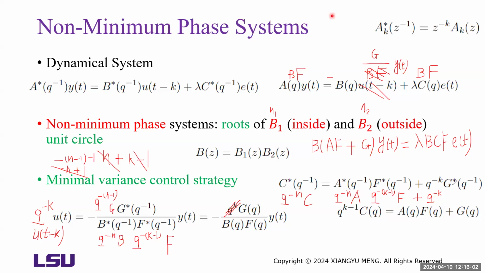Then G is a polynomial of order n minus 1, so it would be q to the negative (n minus 1) times G.